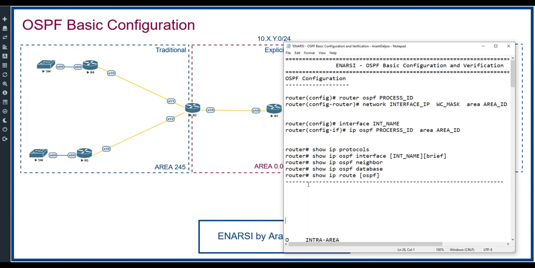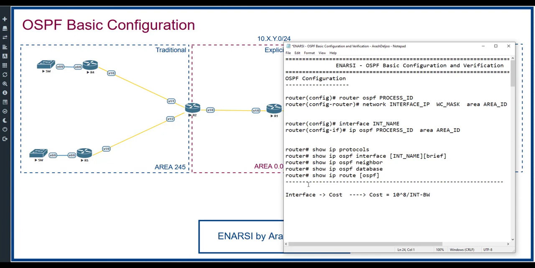For each interface in OSPF, we have one cost value, and this cost value is used for calculating the best path to, for example, one destination network. Here the OSPF cost of each interface is equal to 10 to the power of 8 divided by the interface bandwidth.